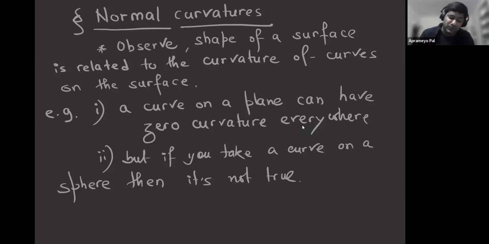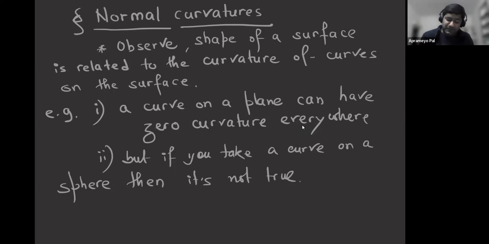So what I am trying to motivate is how the way the surface is shaped has a relation with the curvature of curves on the surface. In other words, if we can measure how the curvature of curves varies, then maybe we can get something about the shape of the surface, or measure the curvature of the surface.